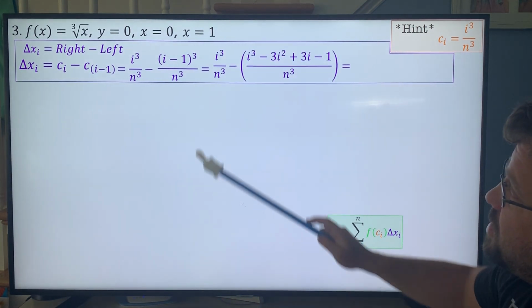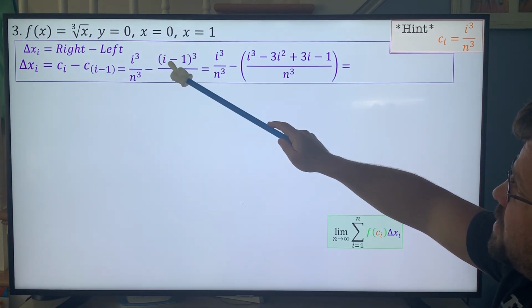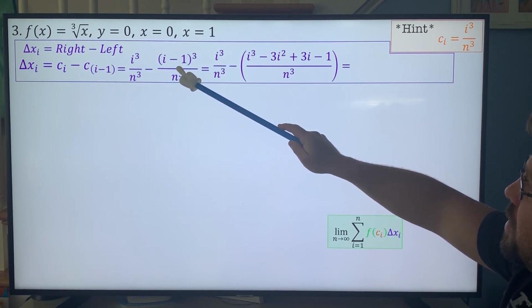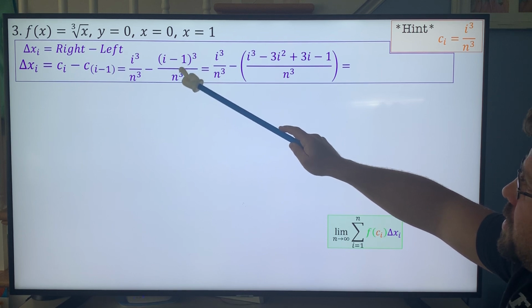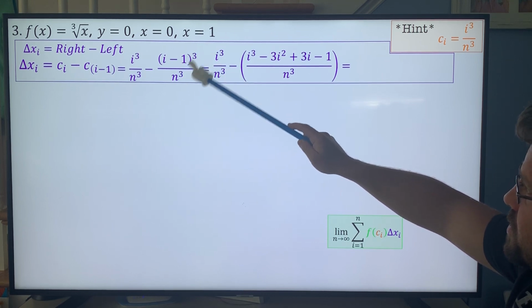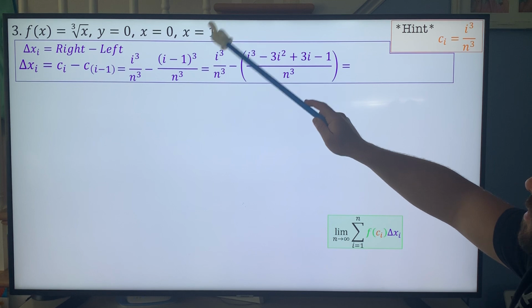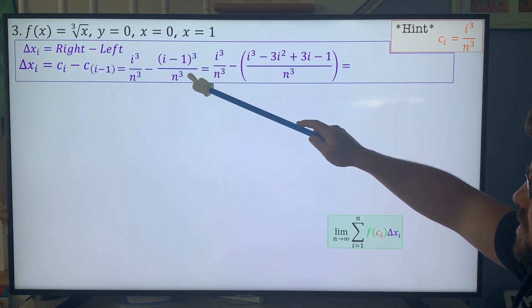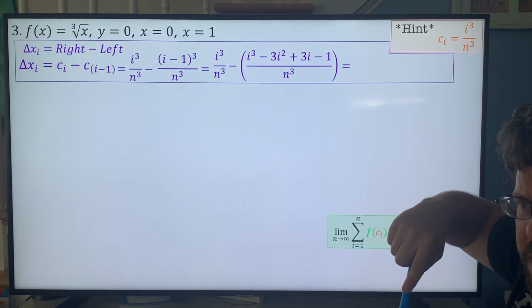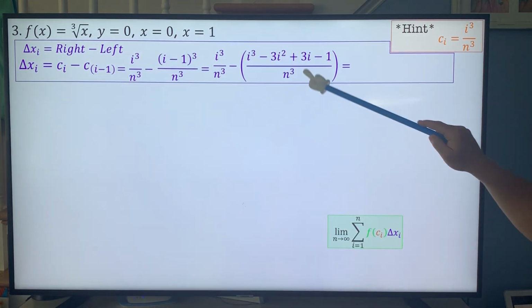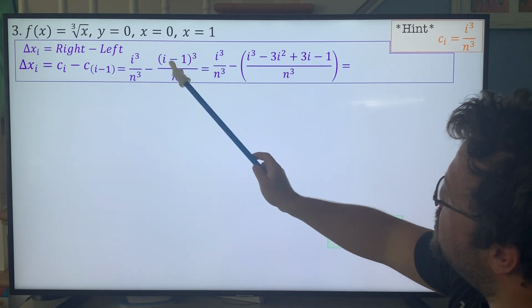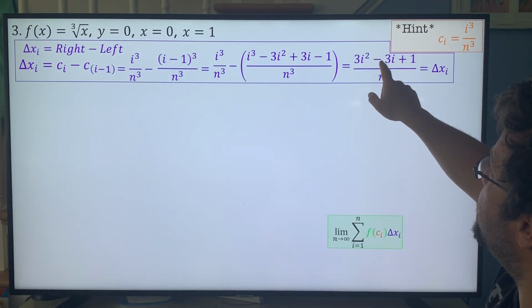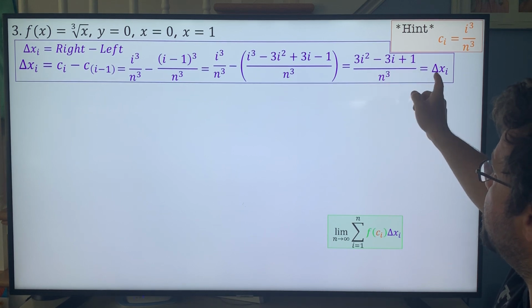Or you can plug it into the equation: a cubed minus 3a squared b plus 3ab squared minus b cubed, something like that. Over here, this expands to this, i cubed minus i cubed equals 0. And now you're left with 3i squared minus 3i plus 1 over n cubed equals delta x.